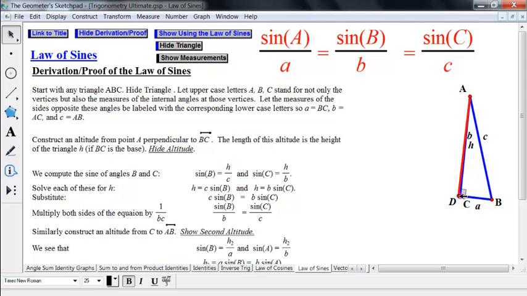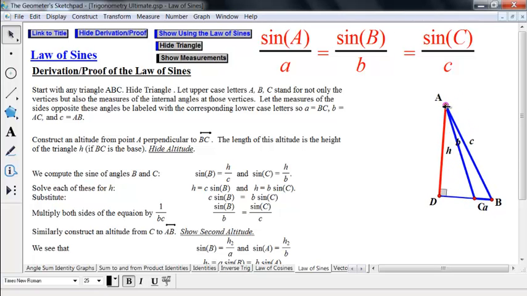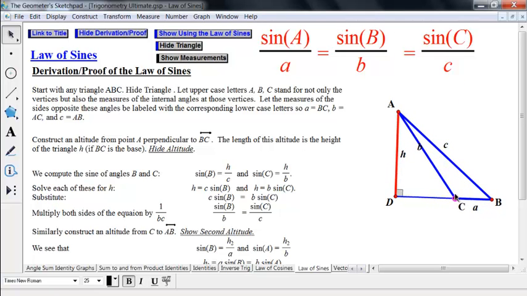Of course, if it is a right angle at C, then h and b are identical, the same length, and h over b is 1, and the sine of a 90 degree angle, or pi over 2 angle, is 1. And once again, when we have an obtuse angle at C right here, it has the same sine as this supplementary angle here, and the sine of this angle from this triangle ADC is h over b.